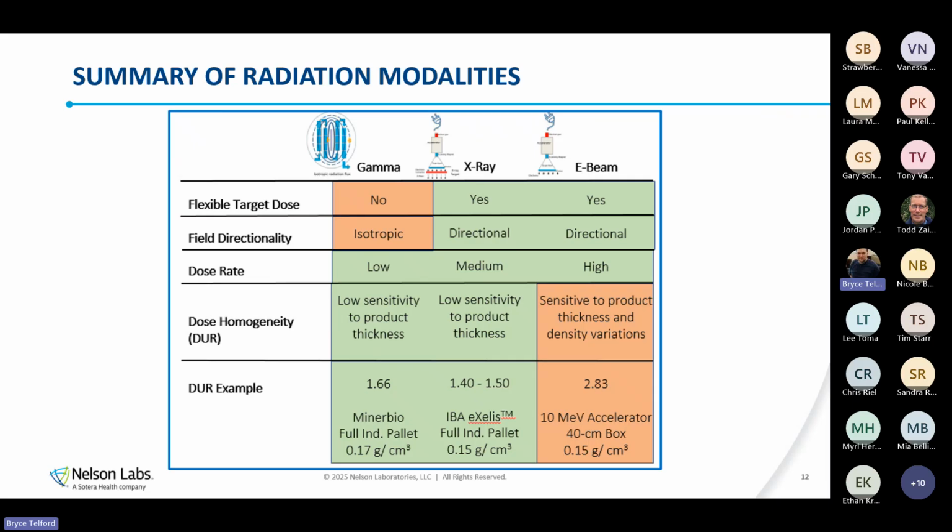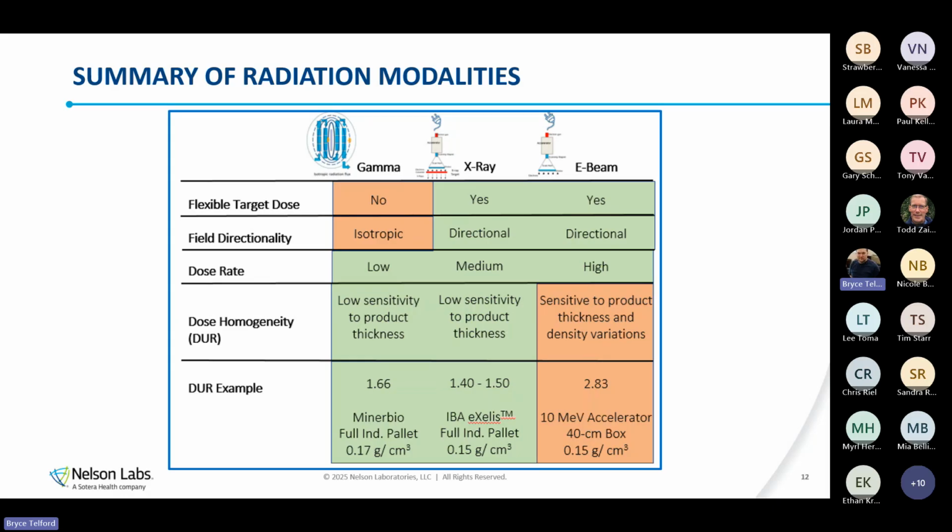So, some examples of dose uniformity ratio. Gamma, for example, we have what we call a 1.66 multiplier, or to make the math simple, a 1.6 multiplier. What that means is, let's say I have a minimum sterilization dose of 25 kilogray. Well, I can't just make every single product and every part of that product receive 25 kilogray.